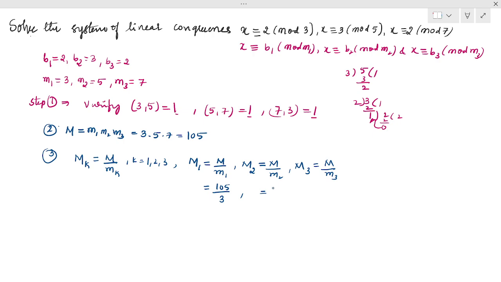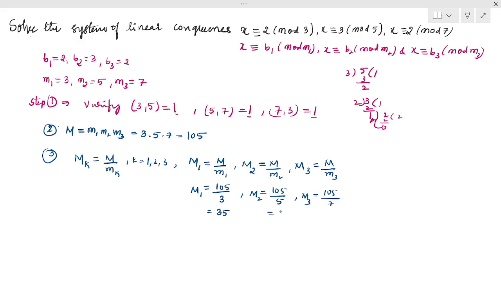Similarly here, 105 divided by 5, 105 divided by 7. So what is the value of capital M1, capital M2, capital M3? This is 35.